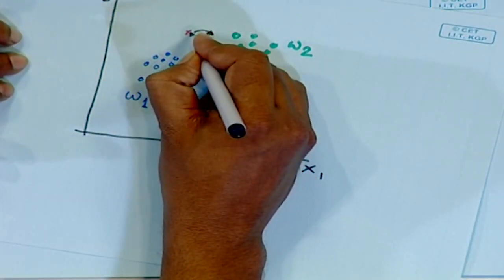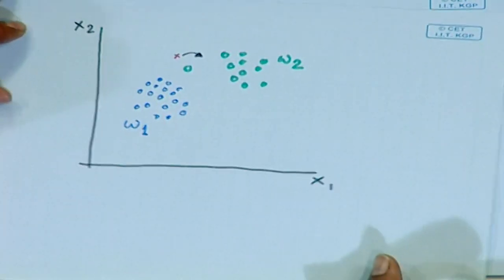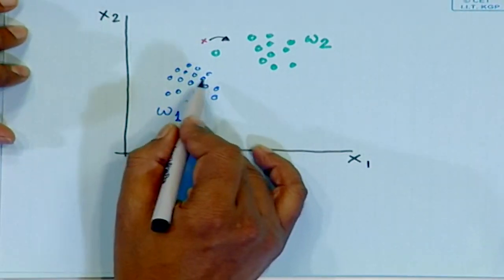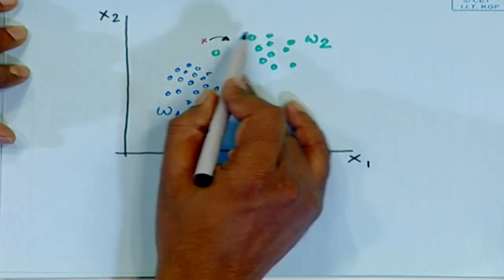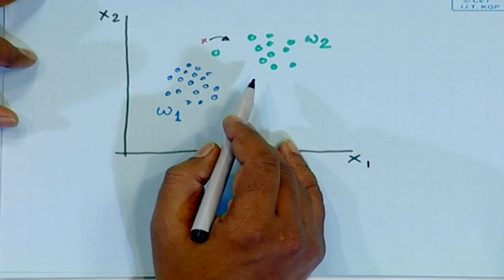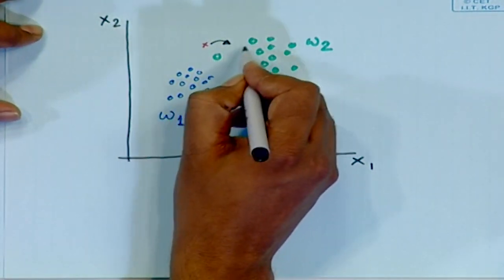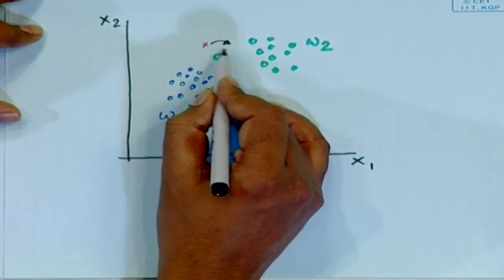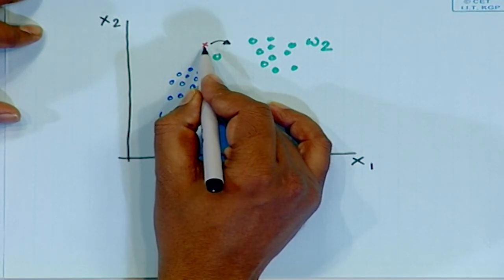Coming to this same example, this is the position of the unknown sample, and these are the samples from class omega 1, and these are the samples from class omega 2. I try to incorporate k number of samples which are nearest to this.